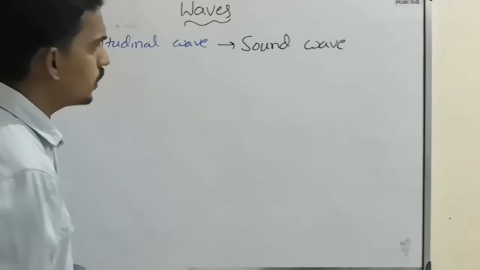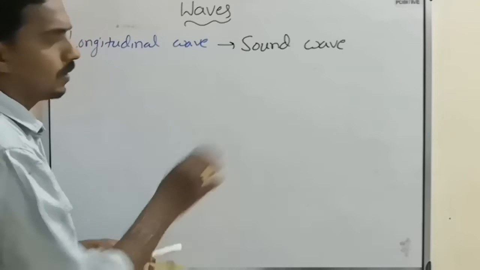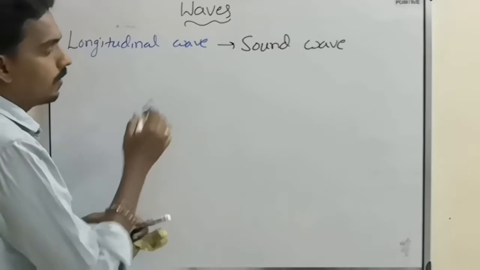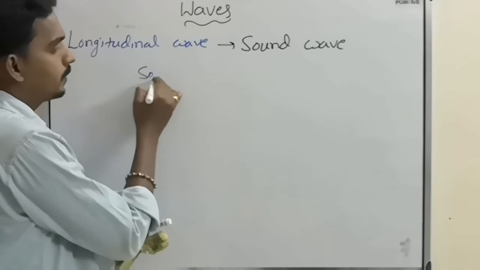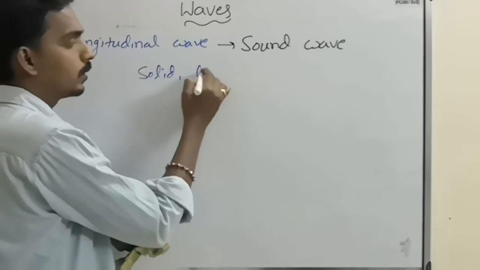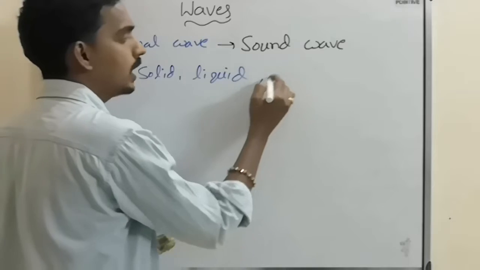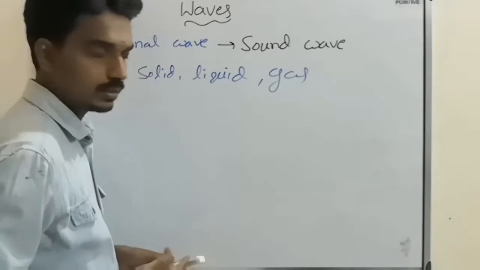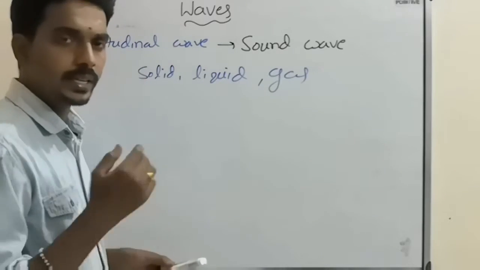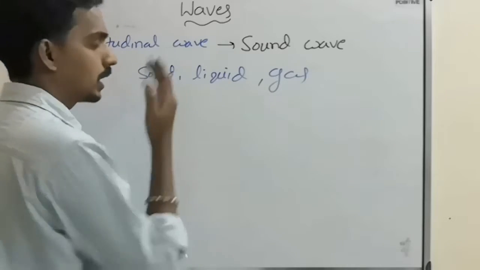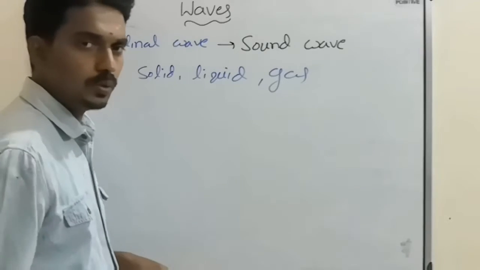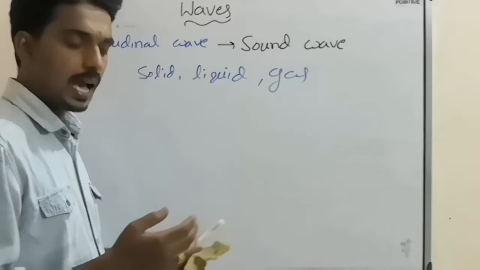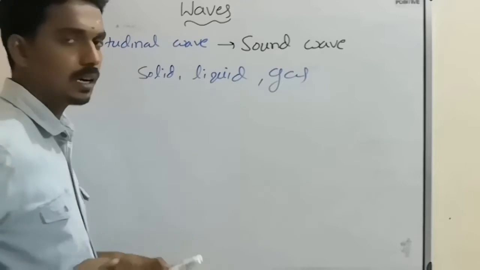Now, a sound wave can travel through solid, liquid as well as gas. It can travel through air, which is a gas. It can travel through water, which is a liquid. It can travel through any solid, as we discussed, like an iron rod.